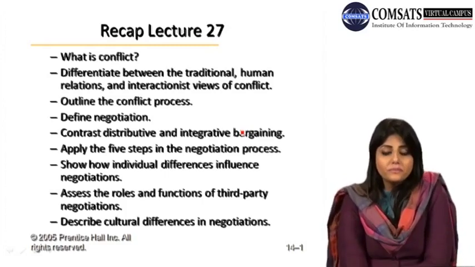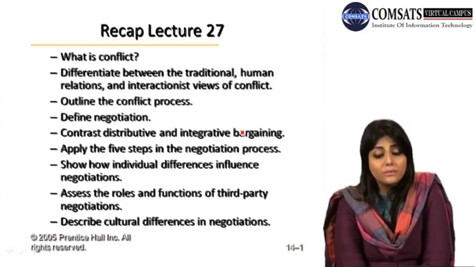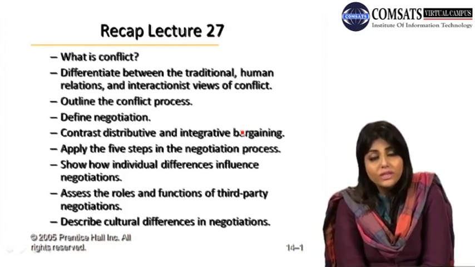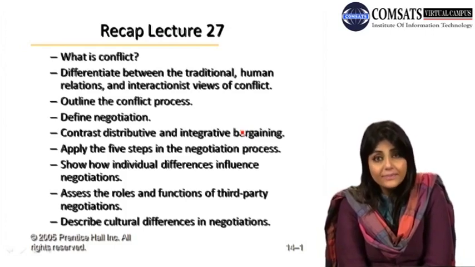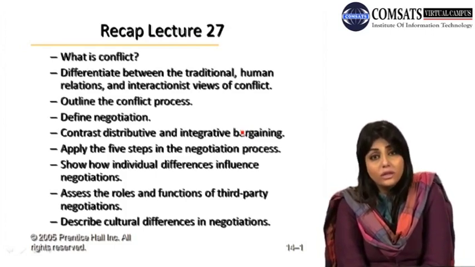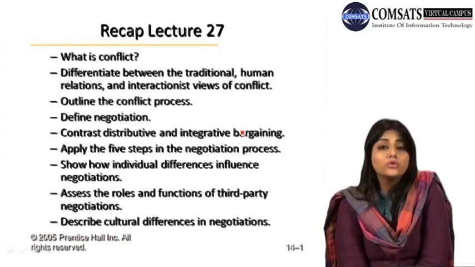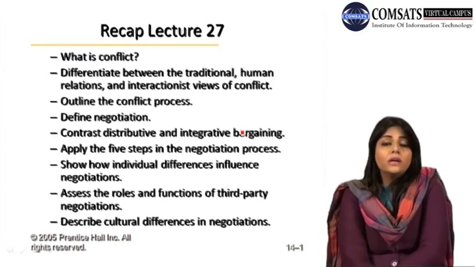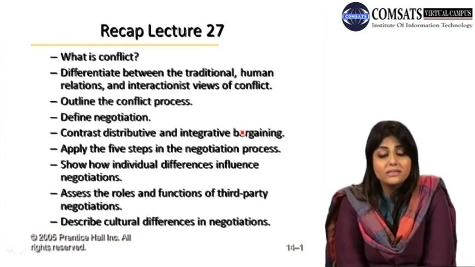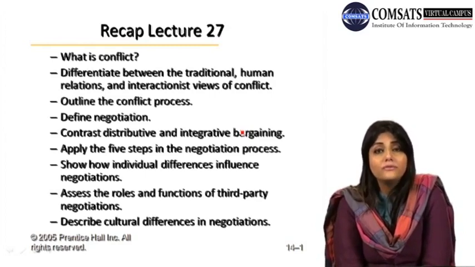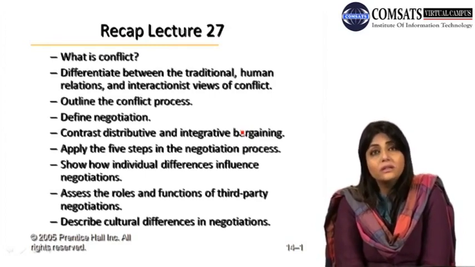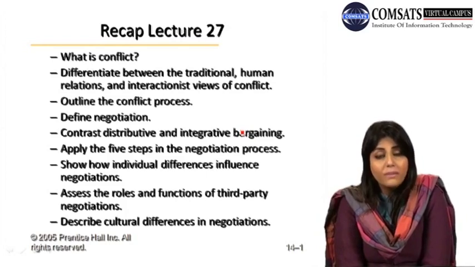Then we discussed the concept of negotiation, that how the two parties can negotiate with each other. What are those two parties? And then the negotiating parties, and how the negotiation agreement is prepared, and how that agreement is discussed, and the different features of that agreement, and the different features of the negotiating parties.